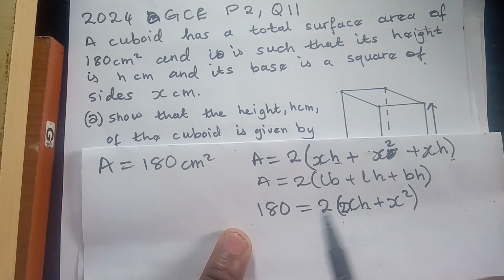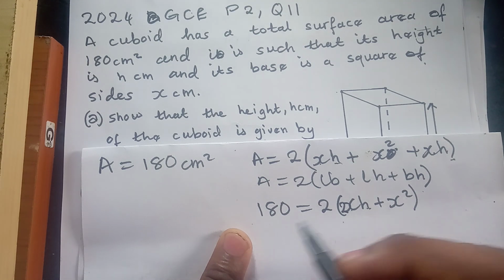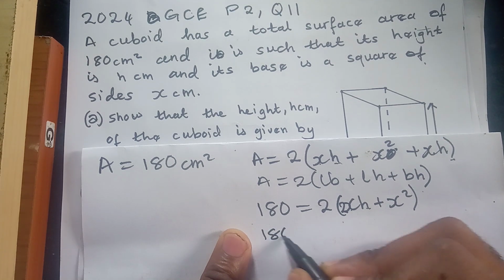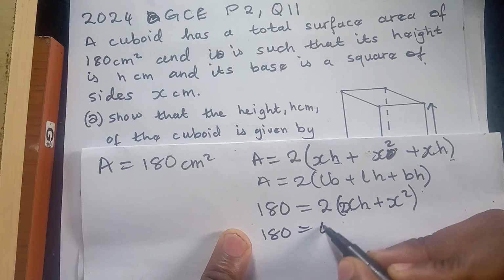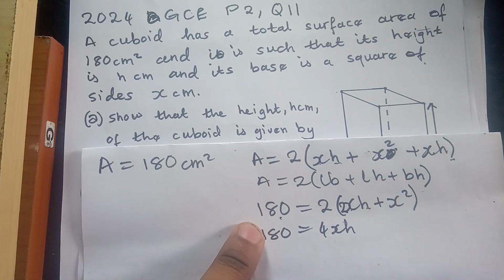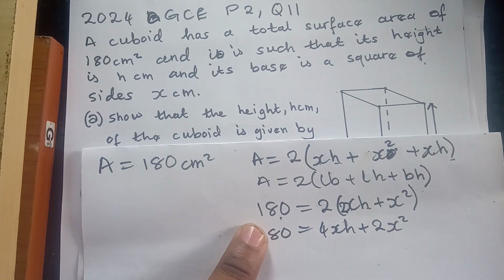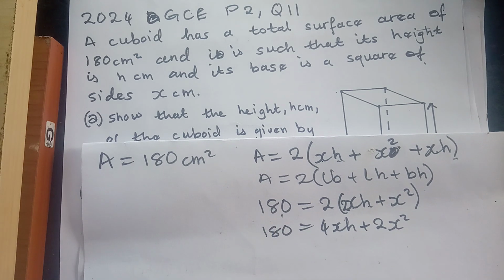And then you can either expand or divide both sides by 2 to reduce the numbers. So I'll just expand. You can try to divide through by 2 and reduce your numbers.